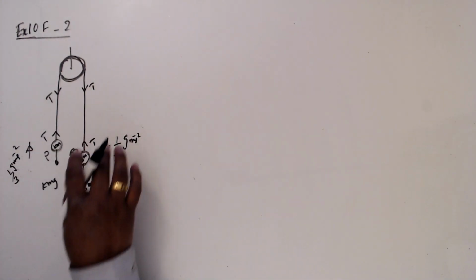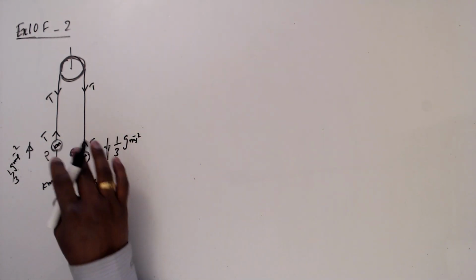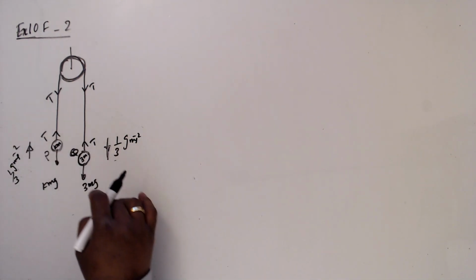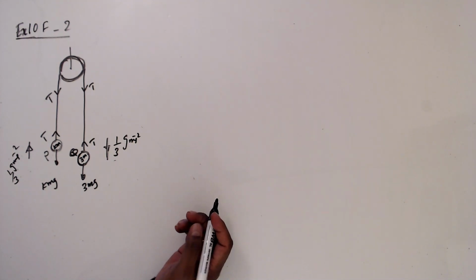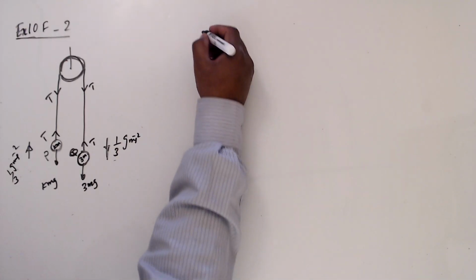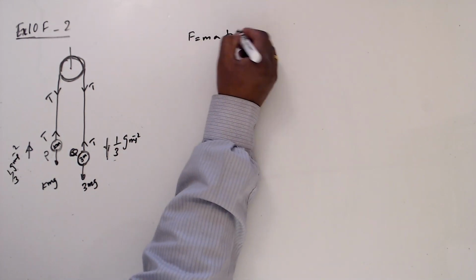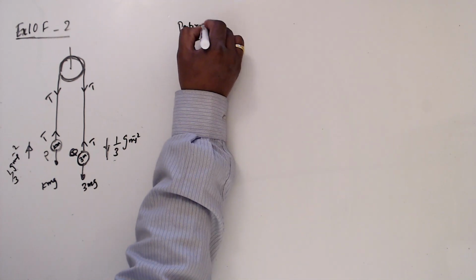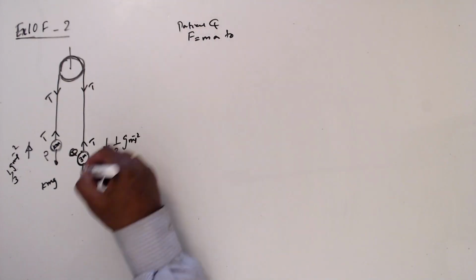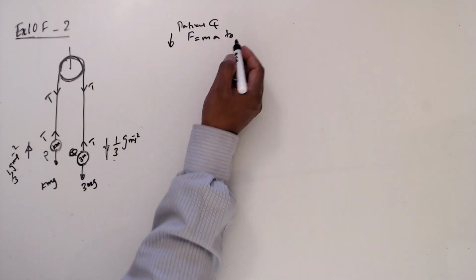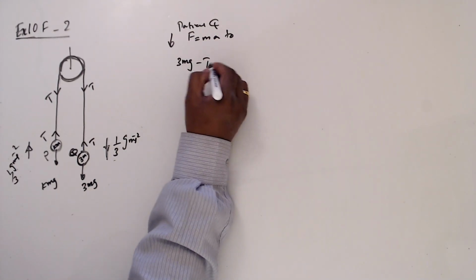Now when we have this setup, we have only two equations: F equals ma upward and the other one downward. This is standard, so we always have to put this one. We'll start with F equals ma considering particle Q. When you consider Q, you get downward F equals ma. So 3mg is positive, and the tension is negative, the other way around.